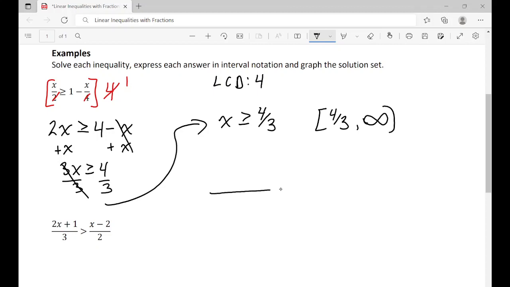And then graphically, just put a line, the line in the middle, slap a 4/3 in there. And again, it's going to be a bracket to the right forever. So that's my answer in inequality notation, interval notation, and graphical notation.